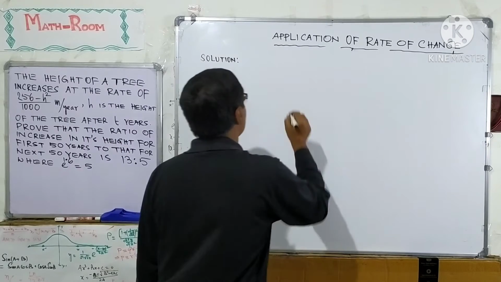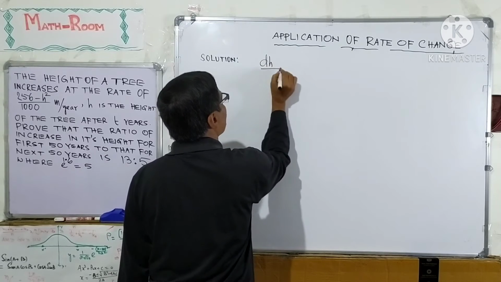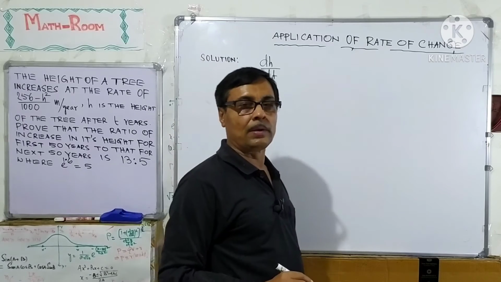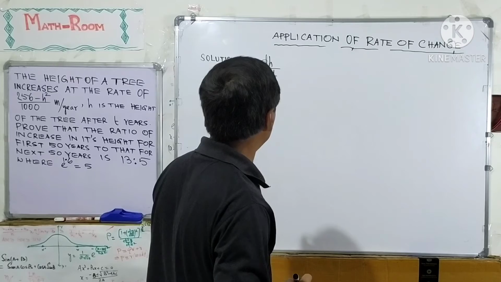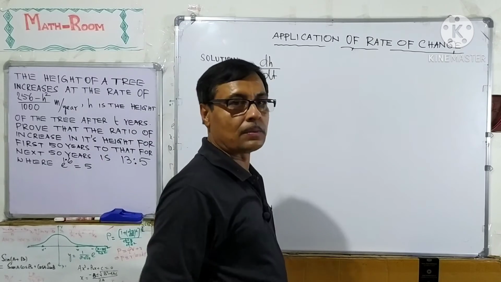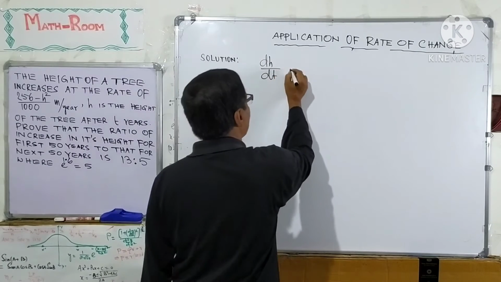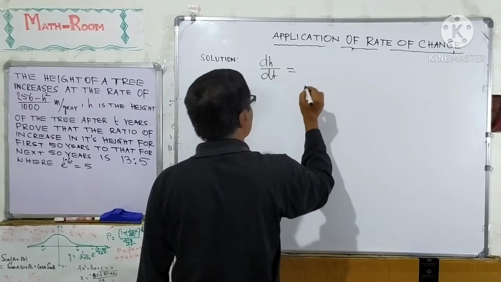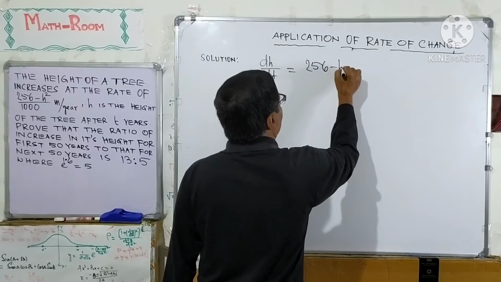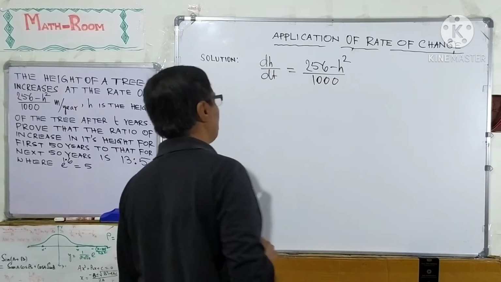So the rate of increase, that is dh/dt, where h is the height of the tree at time t, that is at t years, is given as (256 minus h squared) over 1000 meter per year.